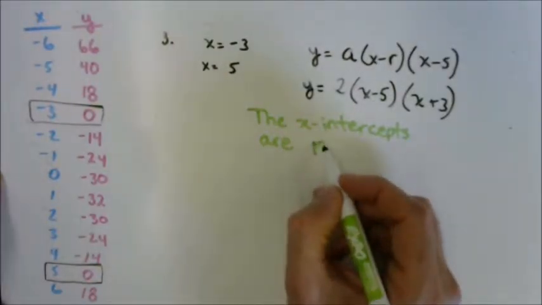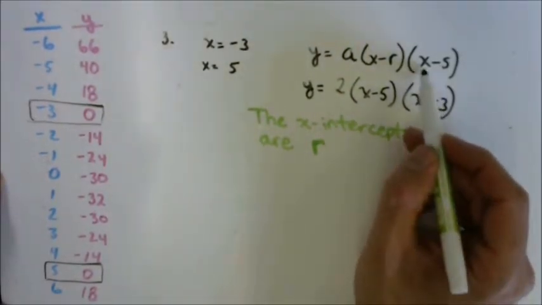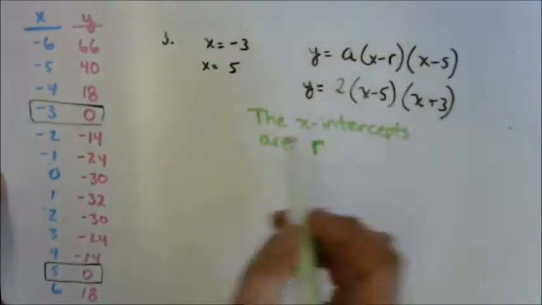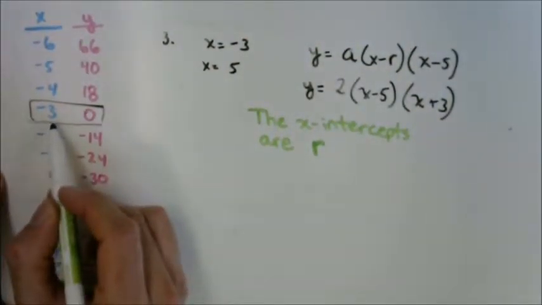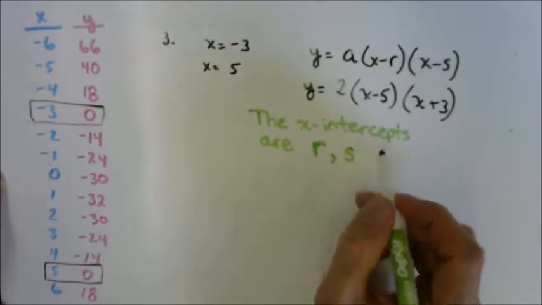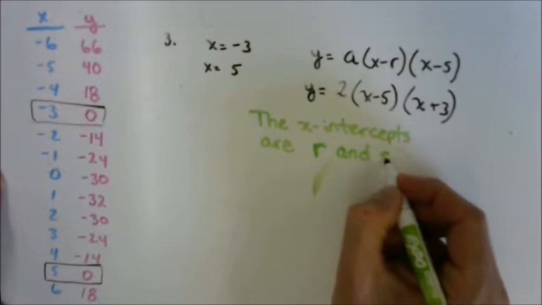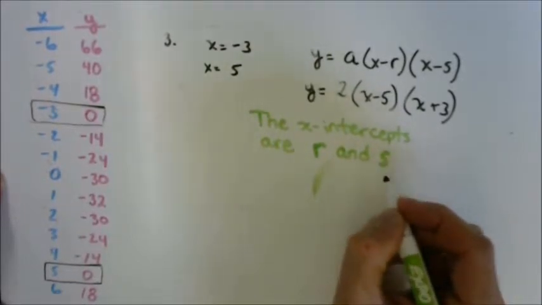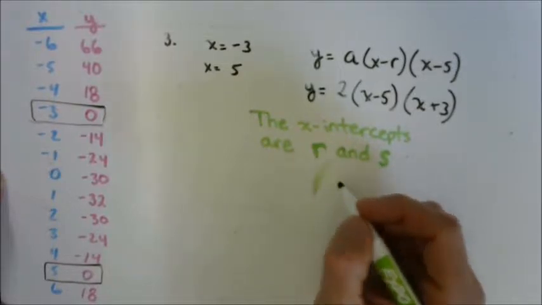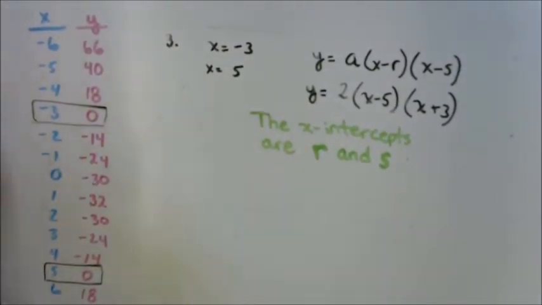One of the x-intercepts is r. Over here we have x minus s. x plus 3. x-intercept over here at negative 3. The other x-intercept is s. The x-intercepts are r and s. Good.